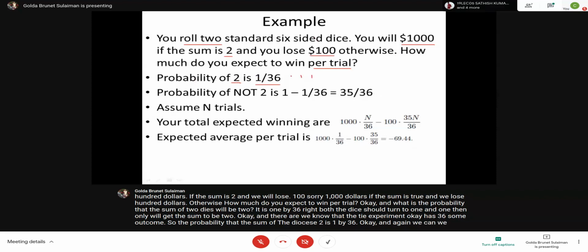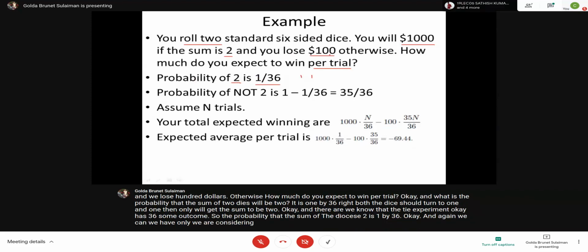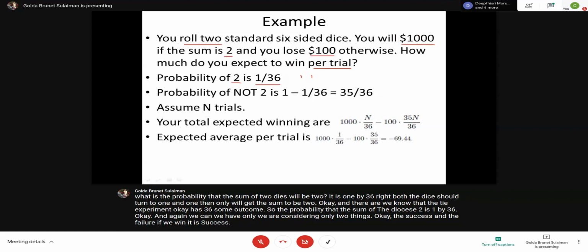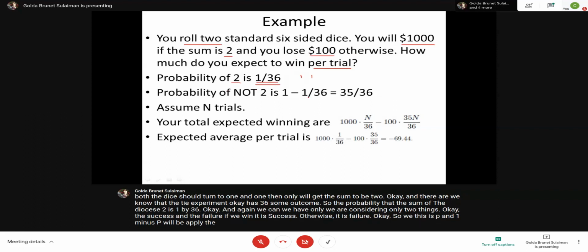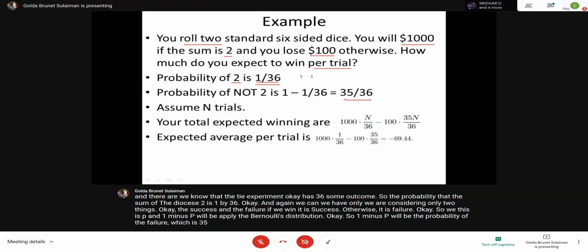Again we are considering only two things, success and failure. If we win, it is success, otherwise failure. So this is P, and we apply the Bernoulli distribution. 1 minus P is the probability of failure, which is 35 by 36.